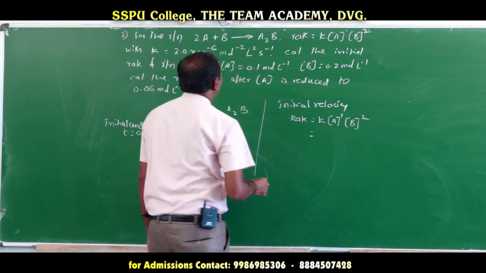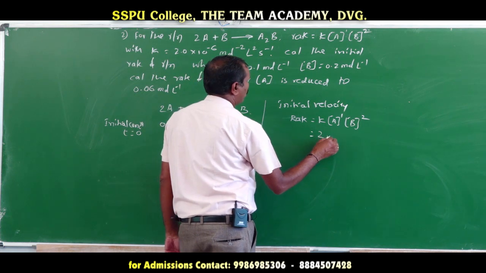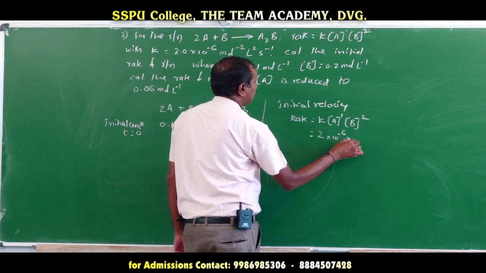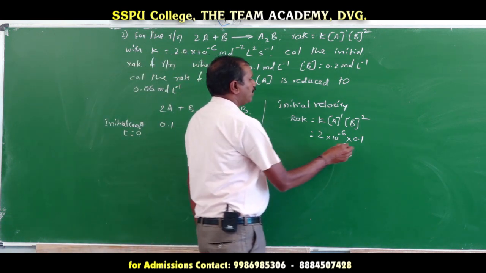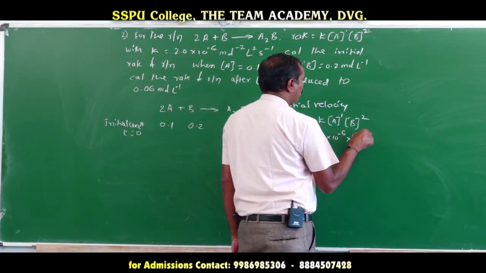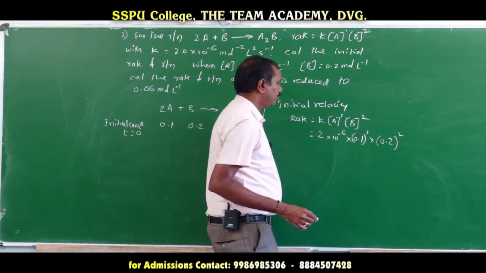The value of K is given, 2 into 10 to the power of minus 6, into concentration of A is 0.1 initially, concentration of B is 0.2. 0.1 to the power 1, 0.2 to the power 2.